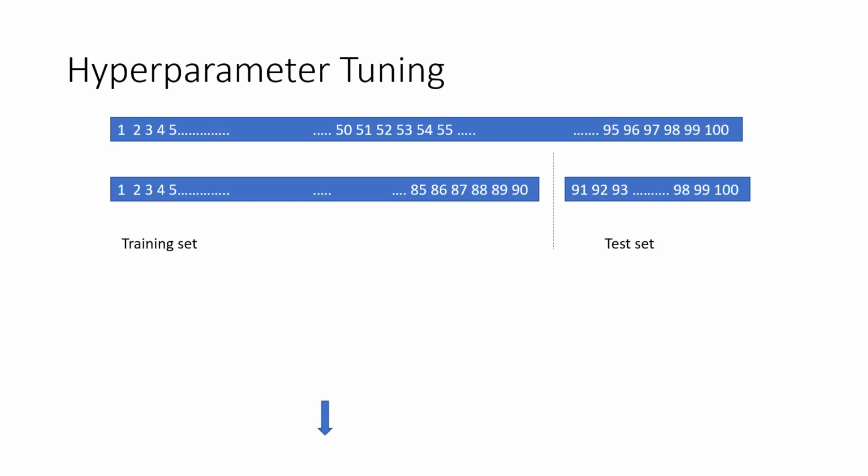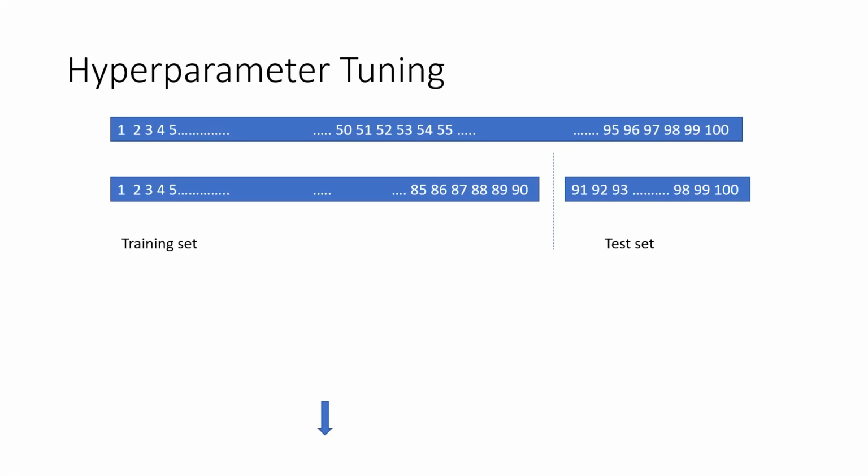Now, let's say you are doing some neural network or SVM or random forest or whatever. Every classifier has certain parameters that you want to tune. In an SVM, you have a soft margin parameter and what kind of kernel you want to choose.